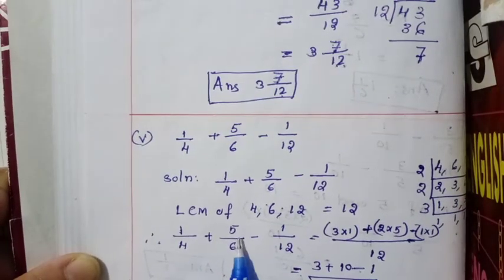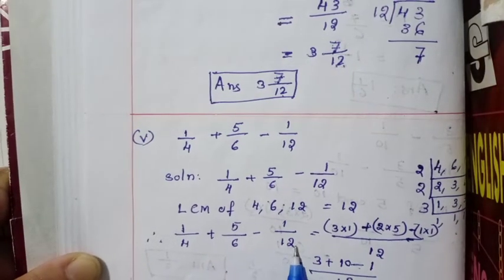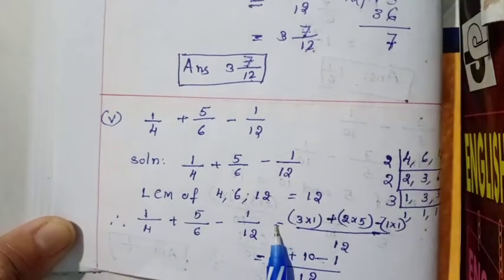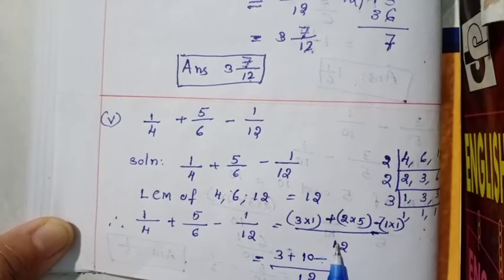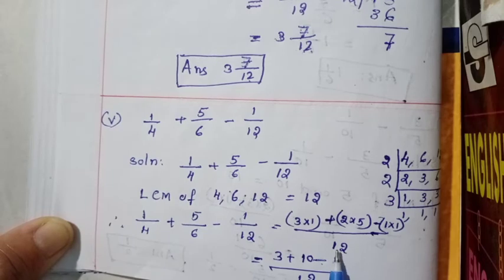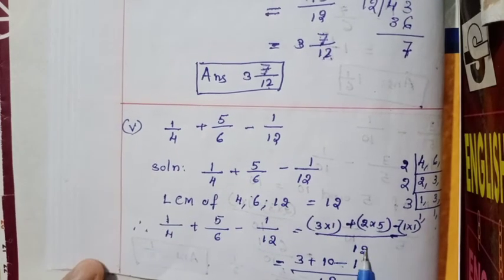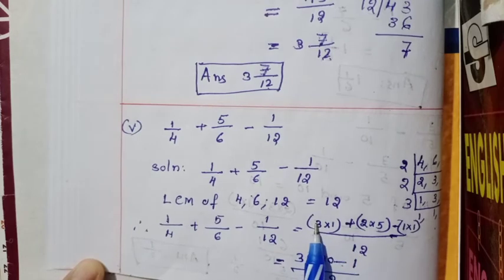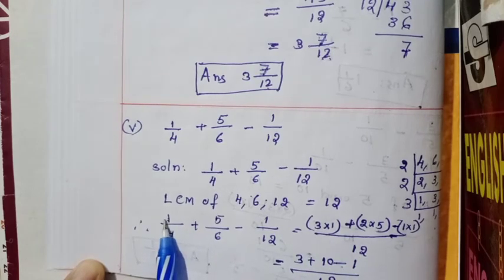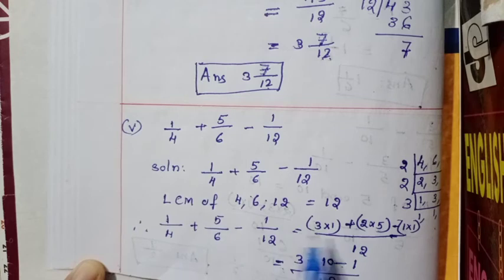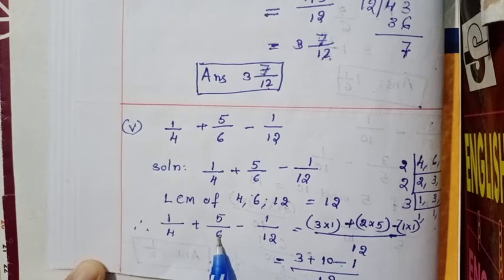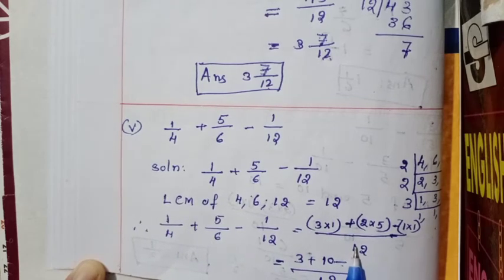So therefore 1 by 4 plus 5 by 6 minus 1 by 12 is equal to, 12 is the common LCM, common denominator. Now first we have to check this 4 how many times in 12. 4 is 3 times, into the first numerator 1, then plus, second denominator is 6. How many times in 12?